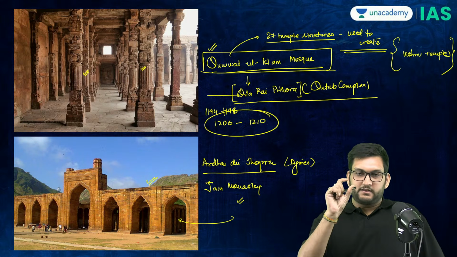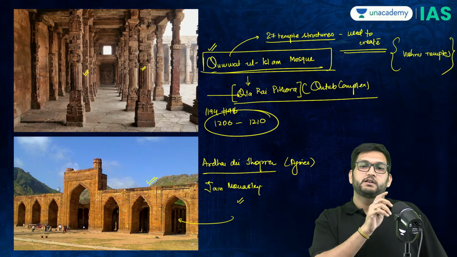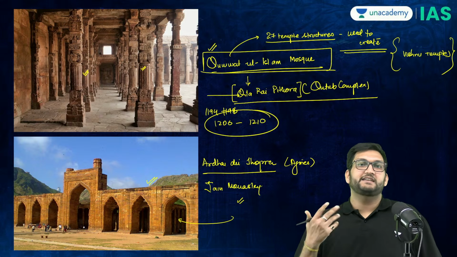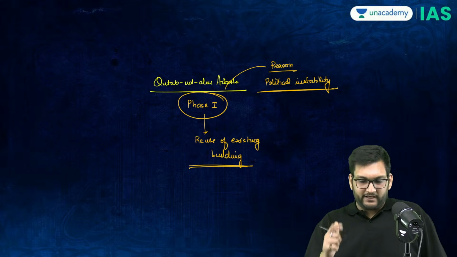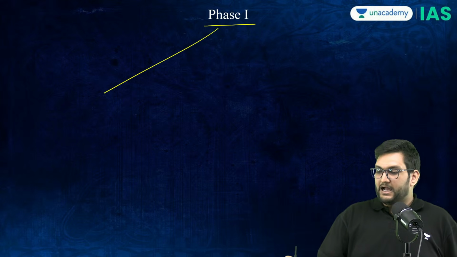This is where, just before the laying down of the foundation of the Qutub Minar, this is the complex structure which exists in that regard. So this is where phase one, you have two examples. These two examples are indicative.